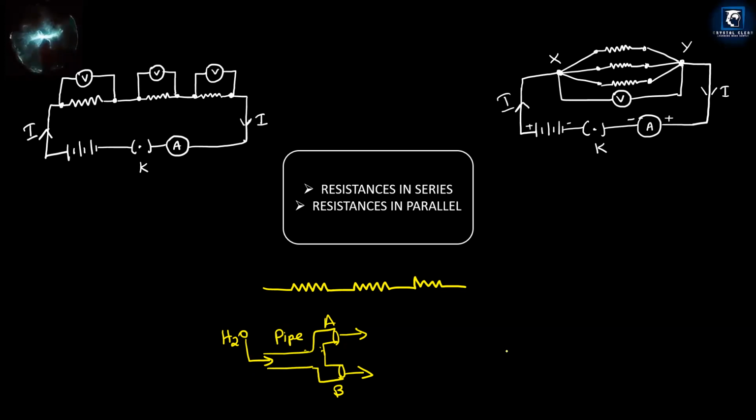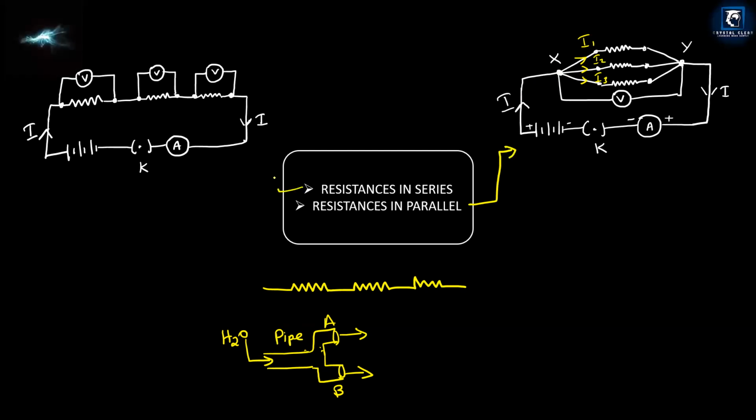Similarly, in a circuit, if you see here, the current is flowing. Imagine the same water. The current is flowing, and the flow is divided into three. So the current is divided into I1, I2, I3 for resistance in parallel.